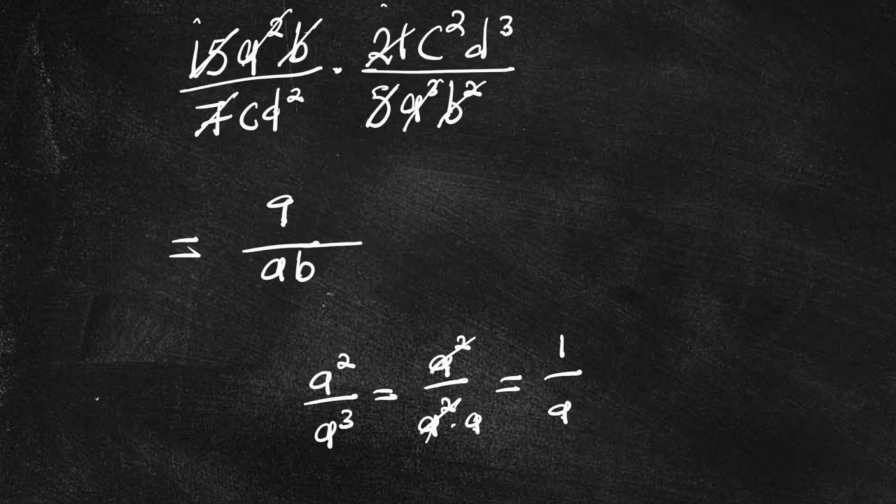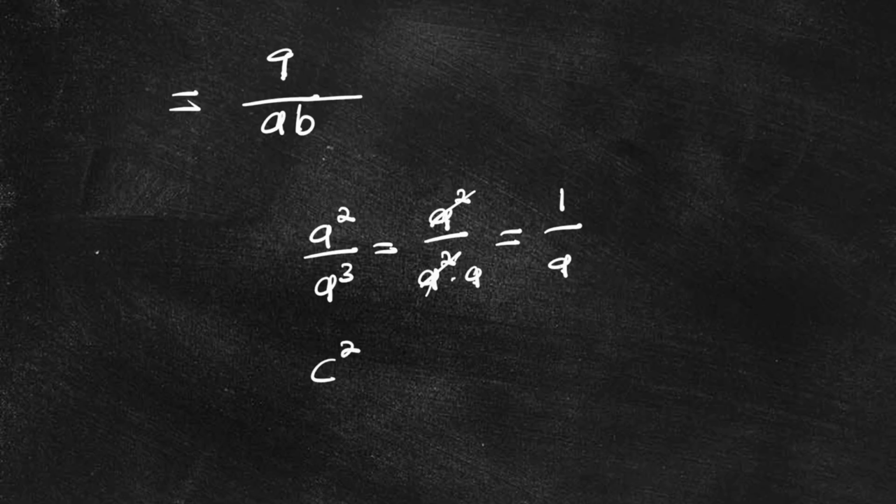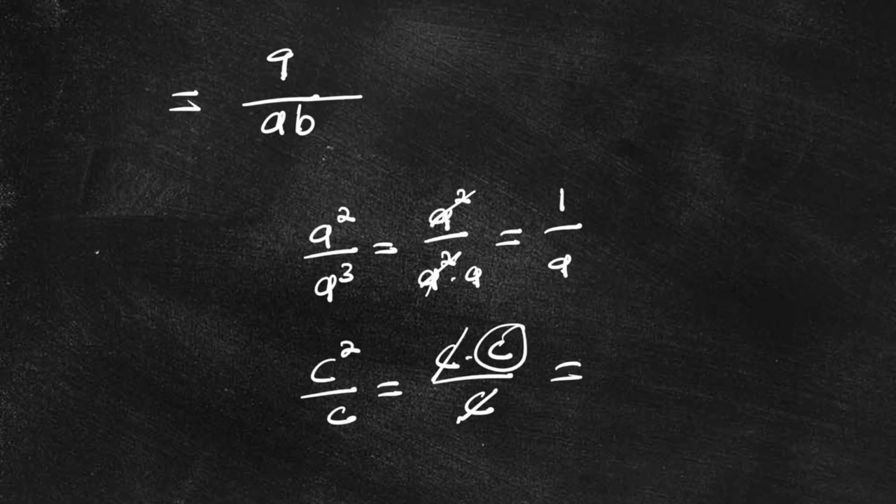Then let me go to c squared. On the side here, I write c squared, which is in the numerator, divided by c. Remember, the smallest is c in the denominator. So c squared can be written as c multiplied by c, divided by c. So c into c is 1, c into c is 1. I remain with 1 c in the numerator.